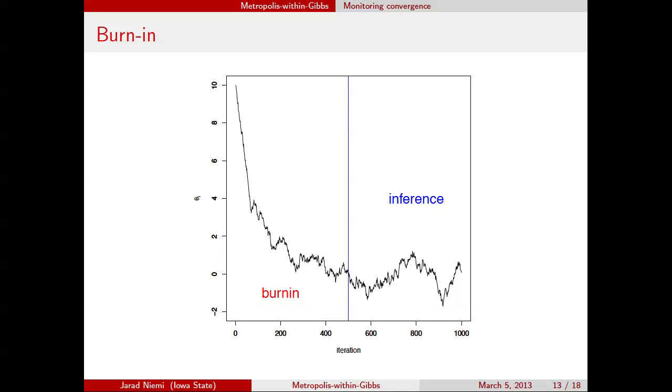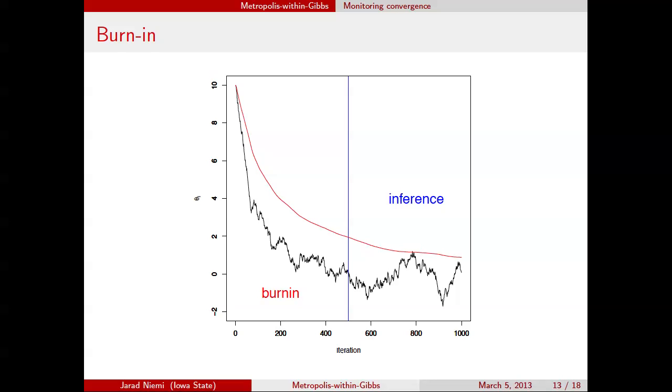And the reason is this. Imagine calculating the mean of this sequence of points up to each iteration. You're trying to estimate the mean of this standard normal, which we know is 0. You can do that sequentially at each iteration by taking the mean of all the samples before that iteration. That's this red line.